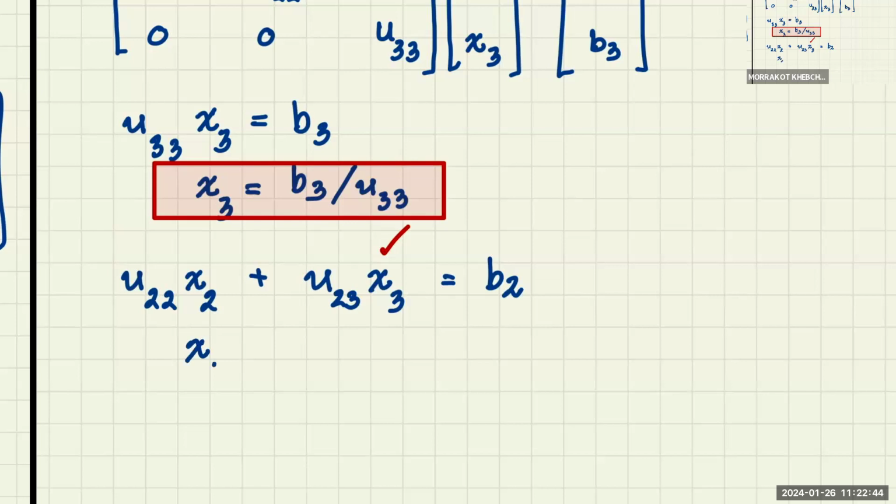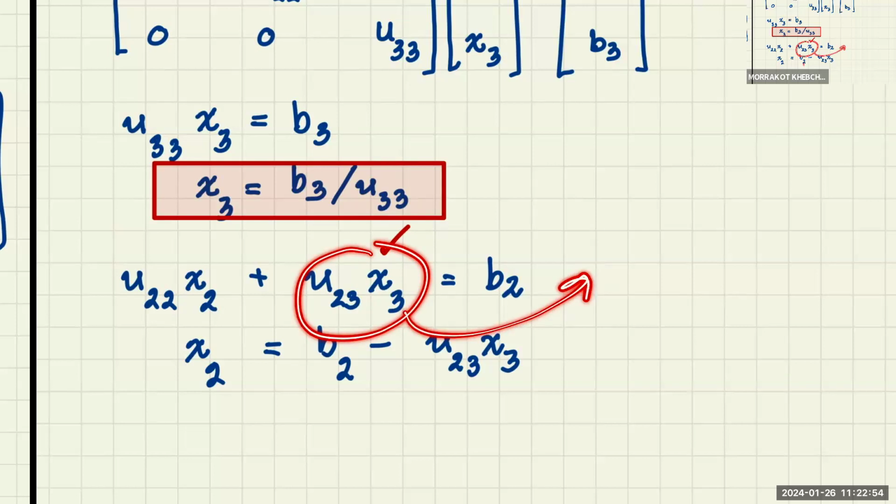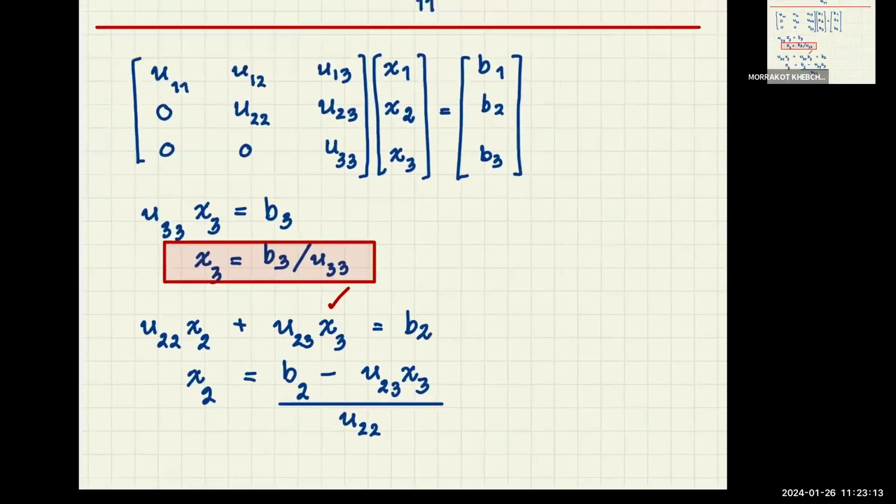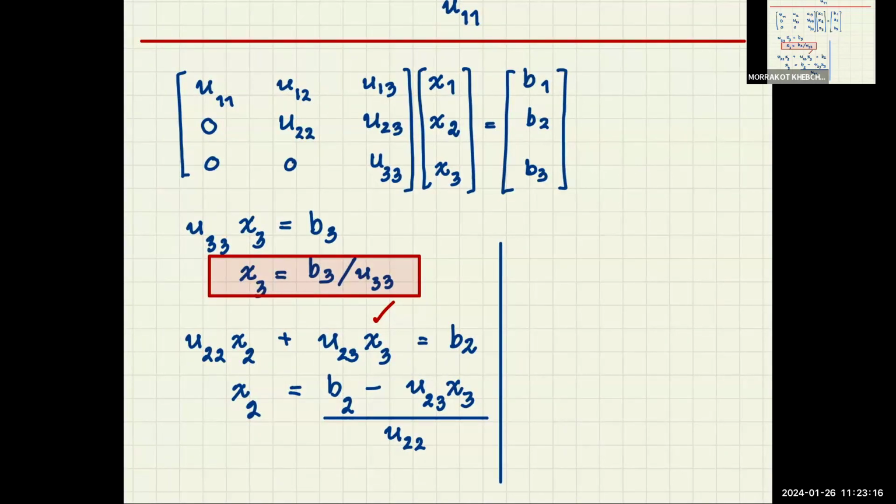So x2 equals b2 minus u23 x3, and since this is multiplied by u22, I move that to the right and it's going to be divided by u22, right? So you get x2.